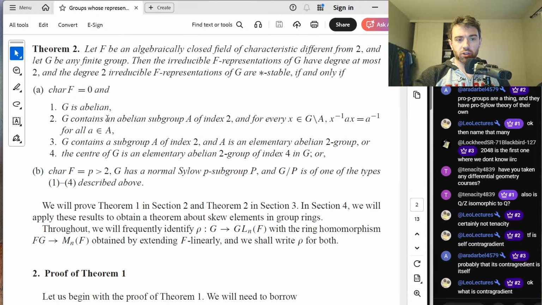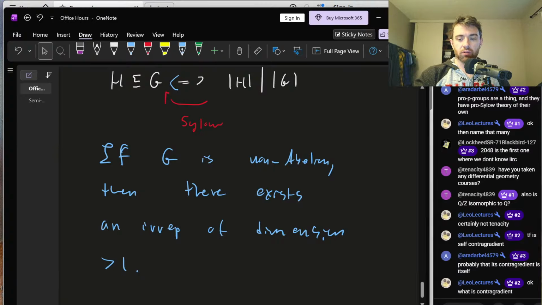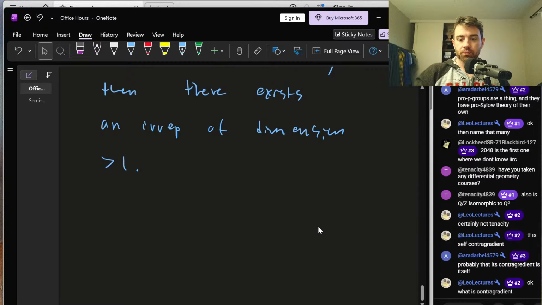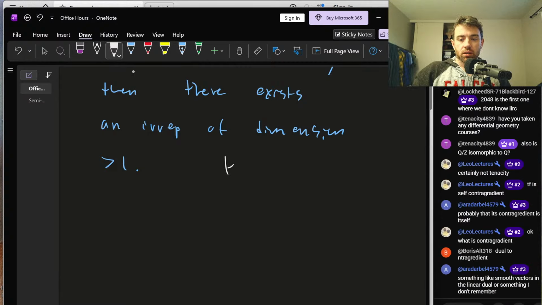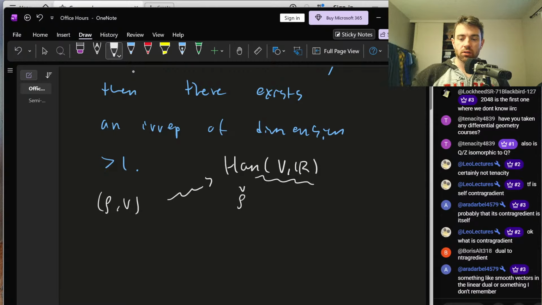So the only other options, if G contains an abelian subgroup of index 2, basically that means we have an extension. Contragradient is, if you have a vector space, you take the dual space, and then if rho is a representation on V, then this induces a representation on the dual.